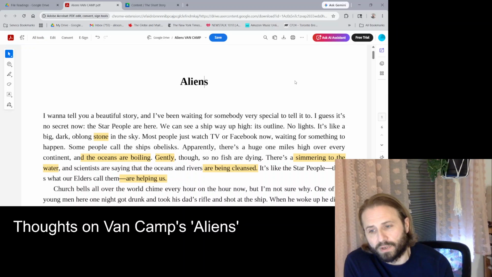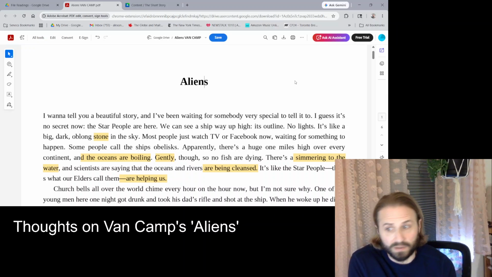Aliens is a story about mystery. It's about the mysterious things that we encounter, whether it's in this case people or aliens or things that we're a little bit suspicious of. Maybe it's because we're just unfamiliar with them.